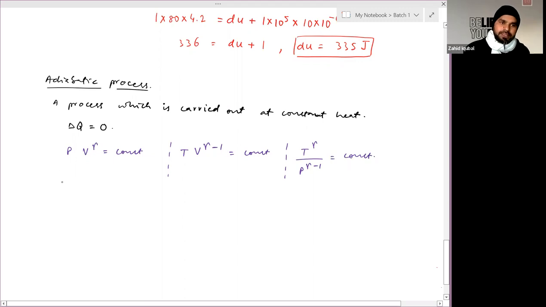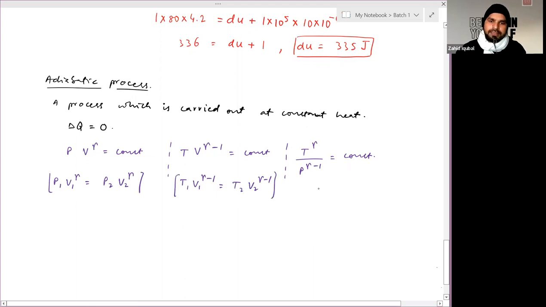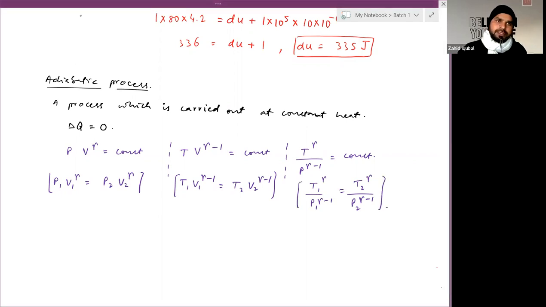So using this part, you will get P1 V1 to the power gamma, P2 V2 to the power gamma. Similarly, T1 V1 to the power gamma minus 1, T2 V2 to the power gamma minus 1, and T1 P1 gamma minus 1 equals to T2 P2 gamma minus 1. So these are different equation of state related to this adiabatic process.